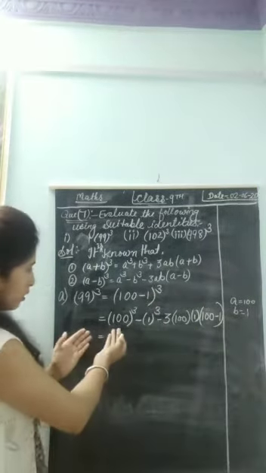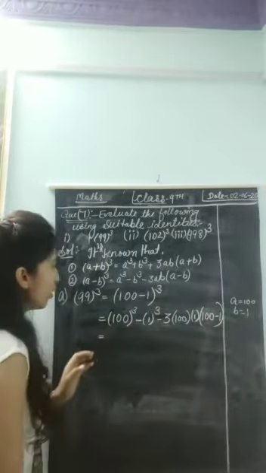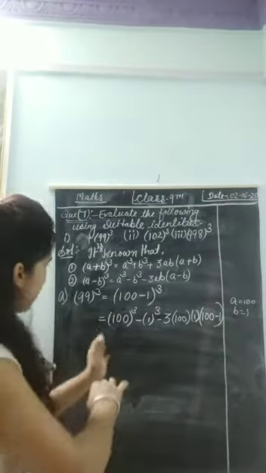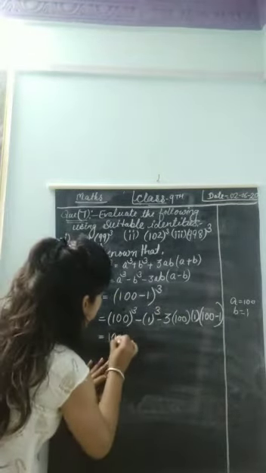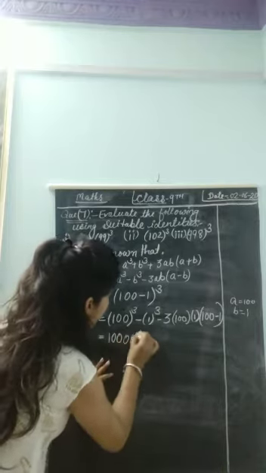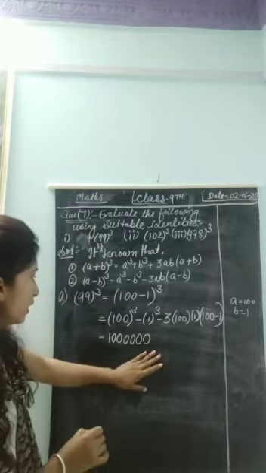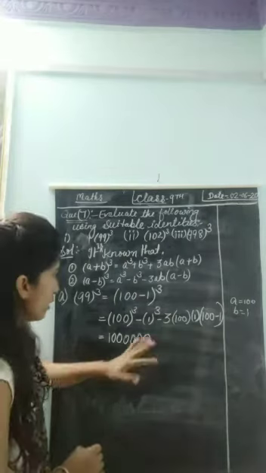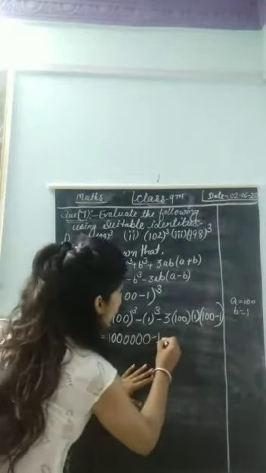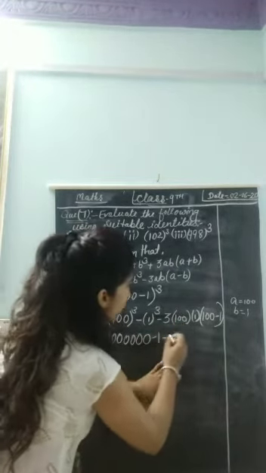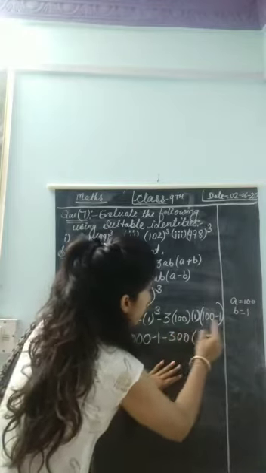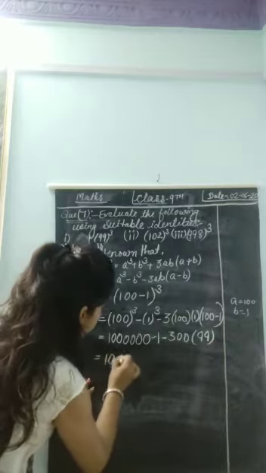When we cube 100, multiplying 100 three times, we get 10 lakh. So 10 lakh minus 1 minus 3 into 100, that is 300, into 99.